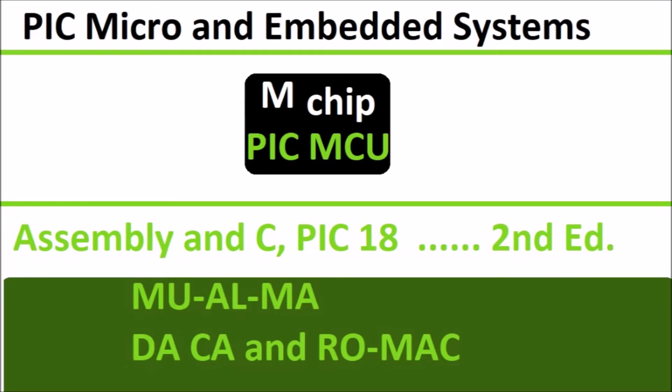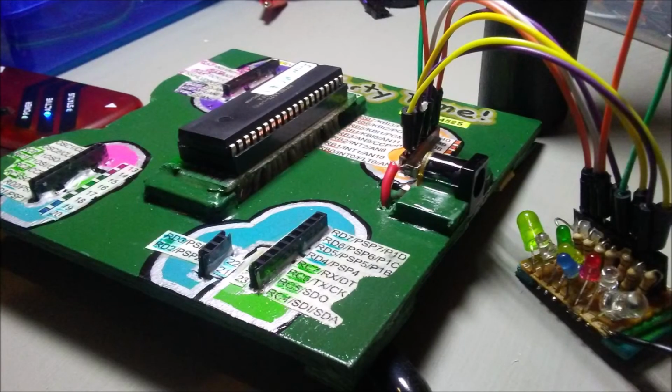I am reading a 600-page textbook on the PIC microcontroller and embedded systems, particularly for programming in assembly language. I find it helpful to study some of the core components of a microcontroller.